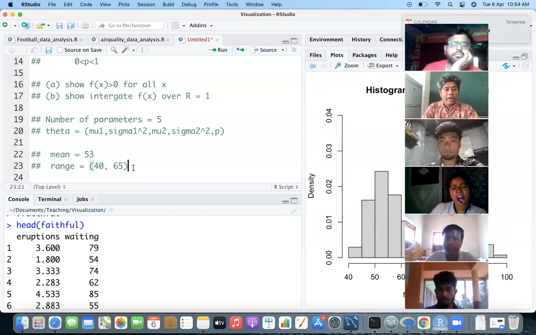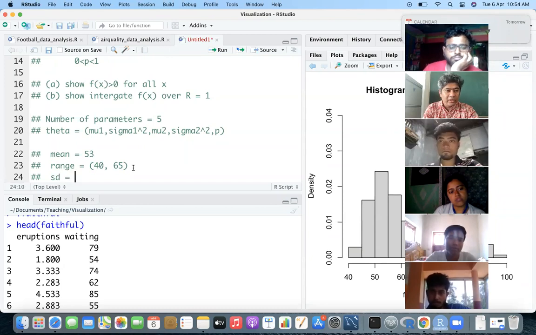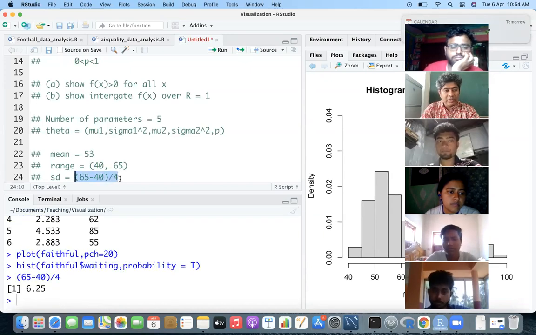I'm just making a ballpark, educated guess. So the standard deviation will be 65 minus 40 divided by 4, maybe 6.25. So 5 was an approximately good guess. I will just take 5 or 6, and the other will be the same, 6 or 5 or 7, something like that.